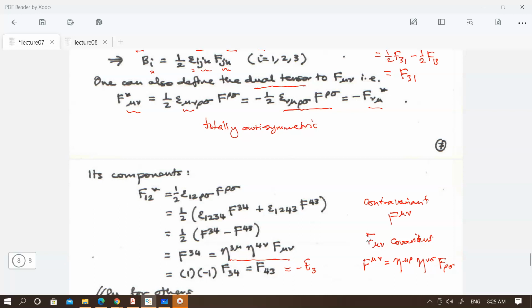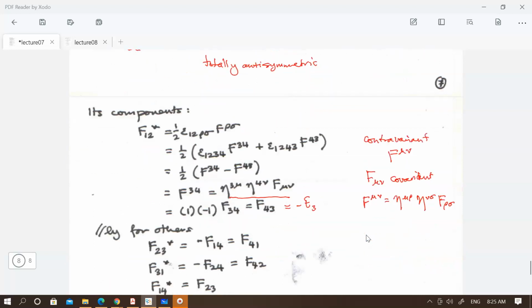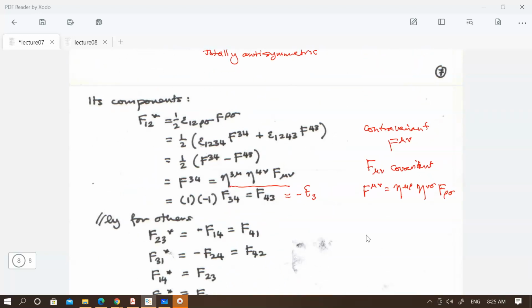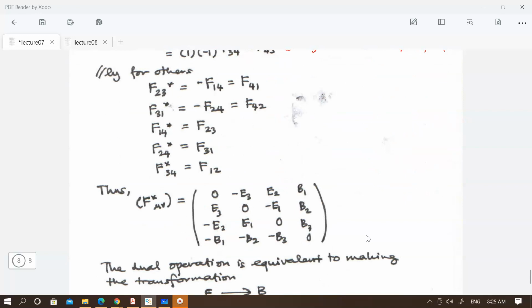And then you can do the others. Just now we are looking at F12 star. So F12 star is now actually here. And you can check for the others.